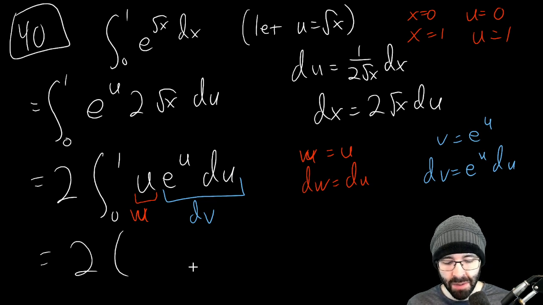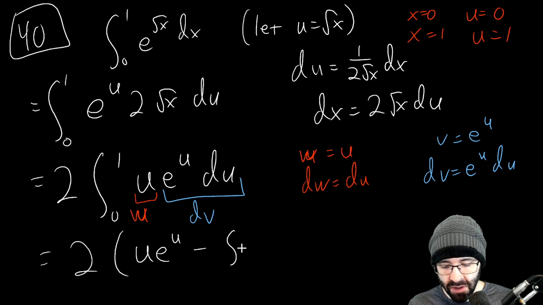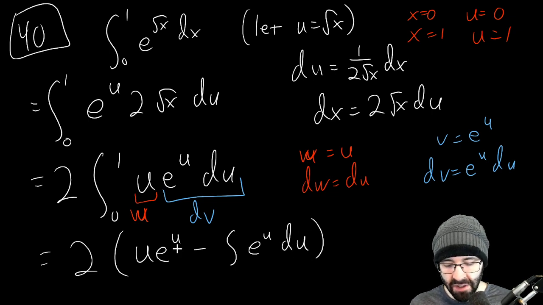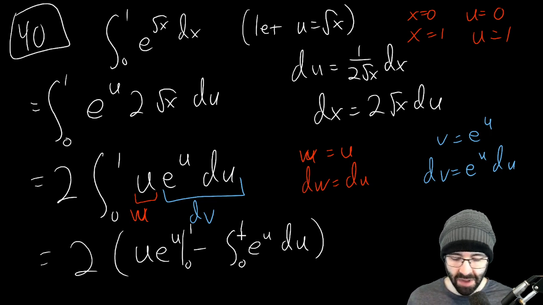So we get w times v, which is u e to the u, minus the integral of v dw, which is e to the u du. These are definite integrals, so this is from 0 to 1, and this is from 0 to 1, and we can keep things in terms of u.